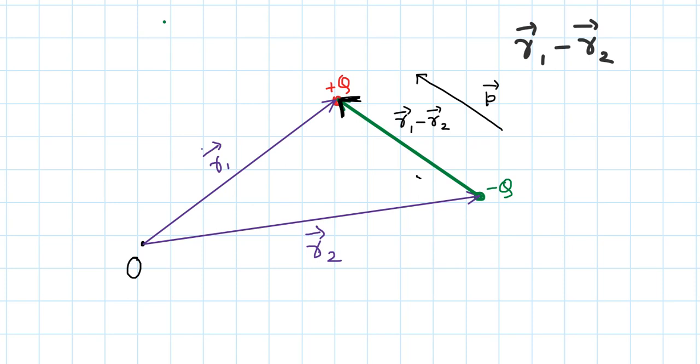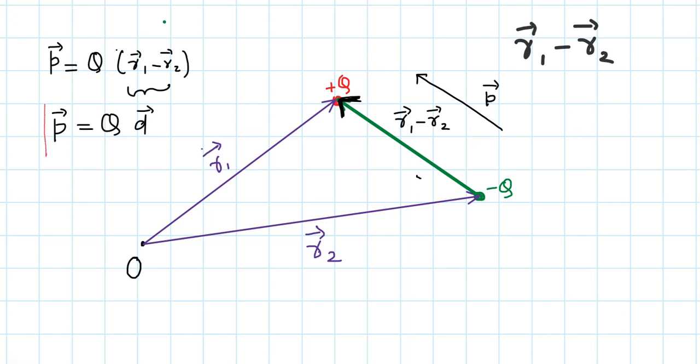So the dipole moment, the vector quantity P, is q times the separation vector r1 minus r2, and I can call the separation vector some vector d, which will give our dipole moment a new look. It will look like vector P is equal to charge q times the separation vector d.